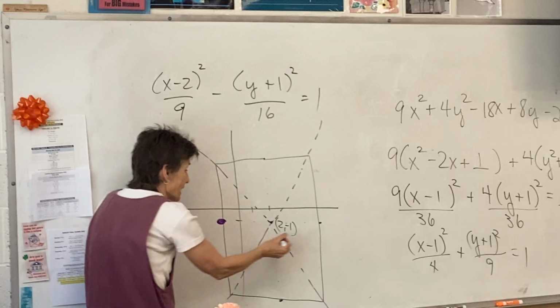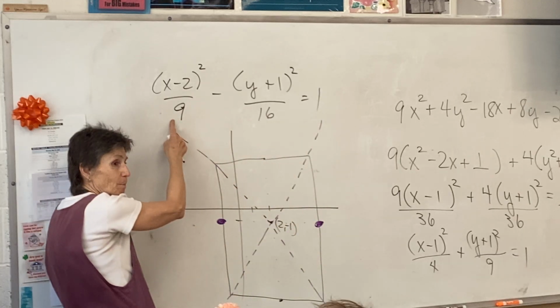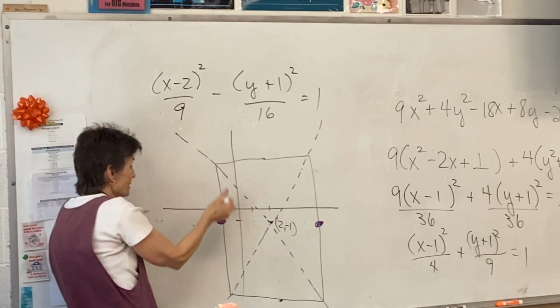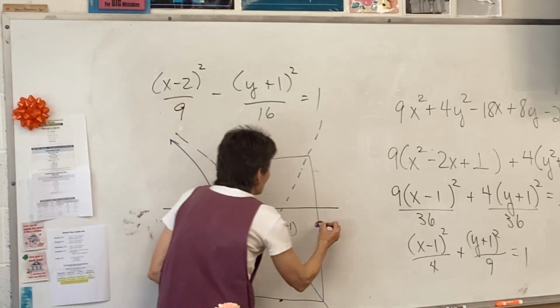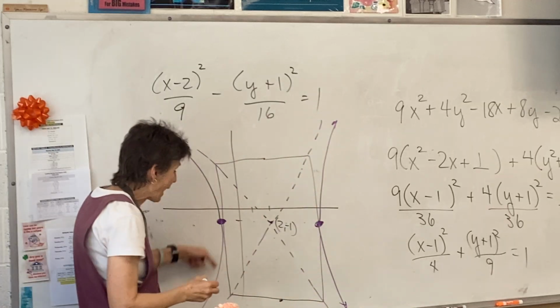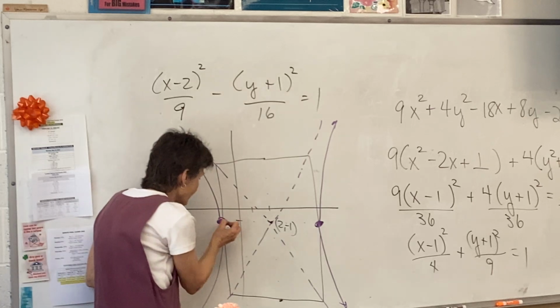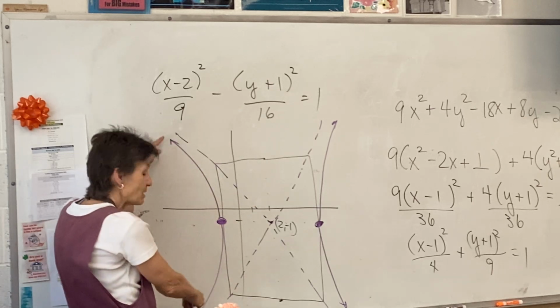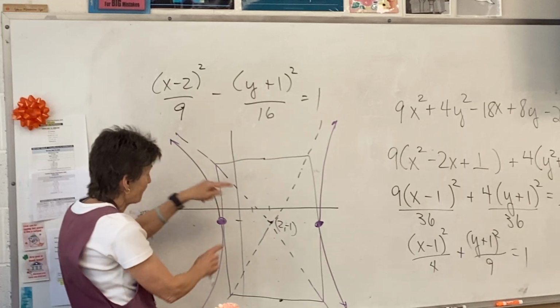That becomes a vertex. These are the vertices because that guy opens sideways. And then you can sketch in your hyperbola. So it's like a parabola shape over here, tangent to the box, only it's contained within the asymptotes. Parabolas don't have asymptotes, so it's contained in there.